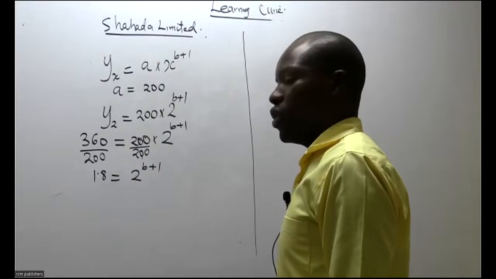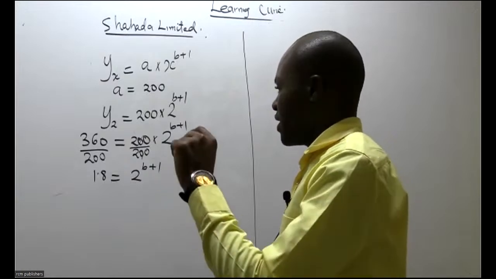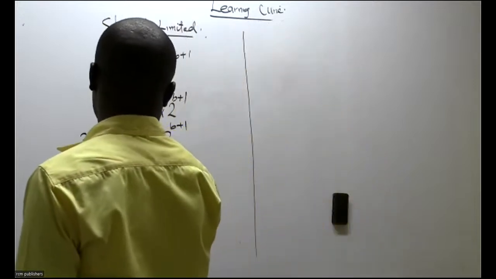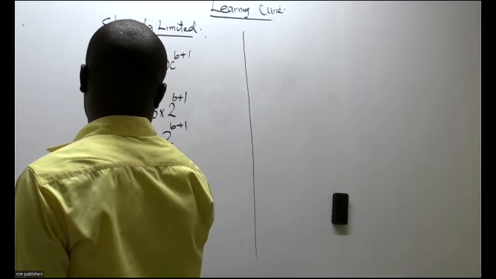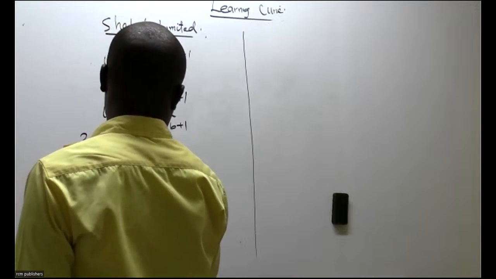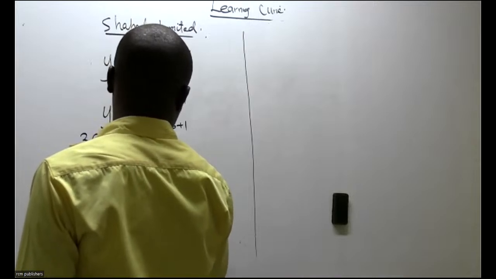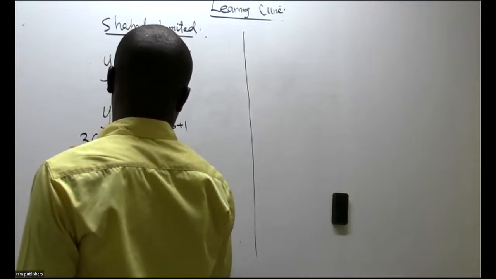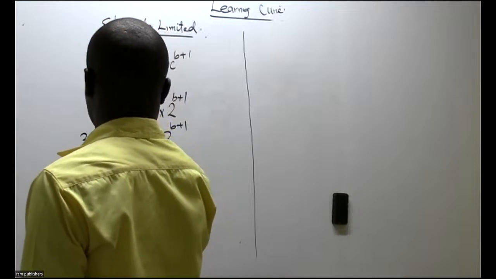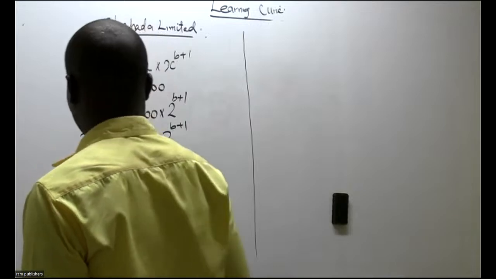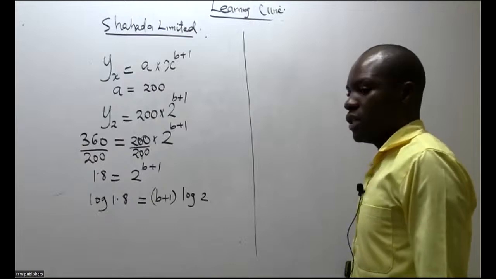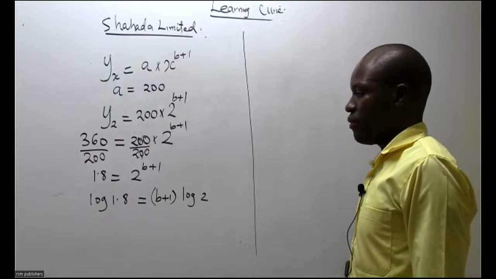So what do I need to do? For me to work out this one in a simple way, introduce log. So on this other side, basically you say B plus 1 log 2 is equivalent to log 1.8.